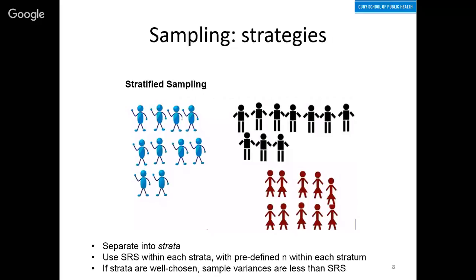So it is still a random sample, but you are drawing your random samples within strata so that you guarantee a particular representation of those strata. And this is a good way of reducing sample variation when you have strata that are important to your study.